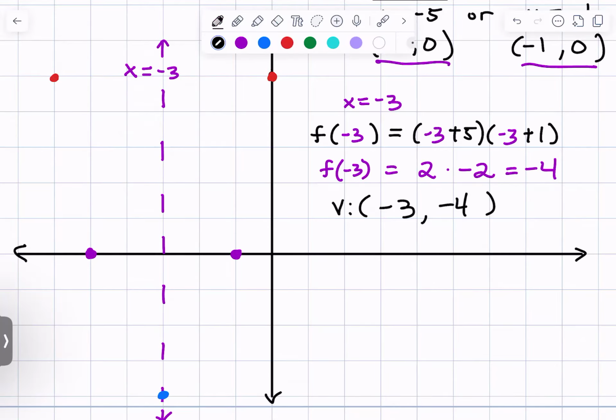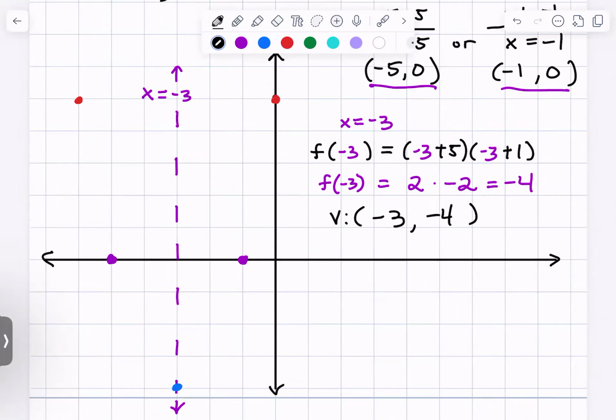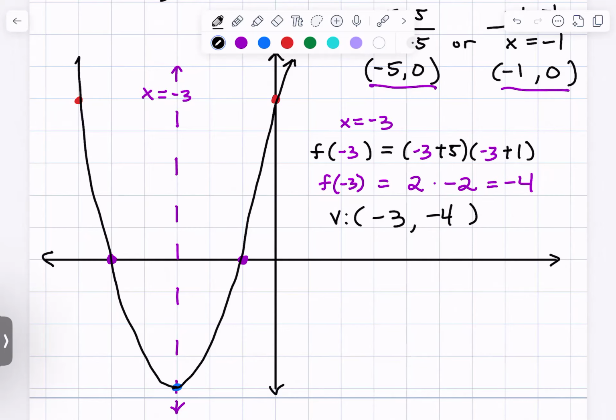Yeah. Now I got my 5th point, and then I can draw a smooth parabola. Okay. Any questions on this? No? That's the lesson for today, class. Thank you very much.